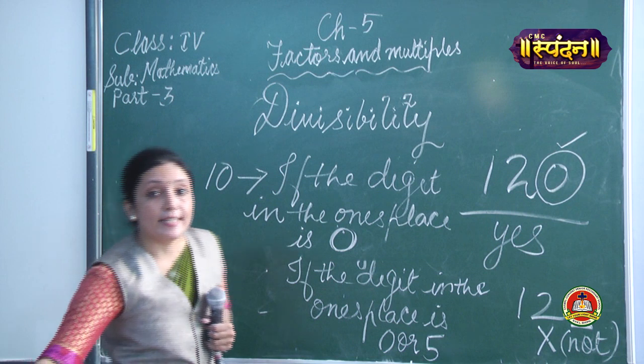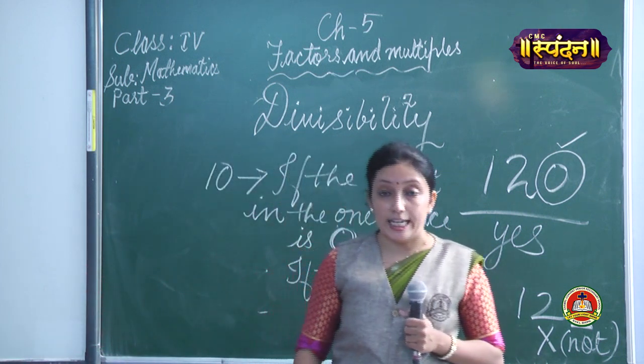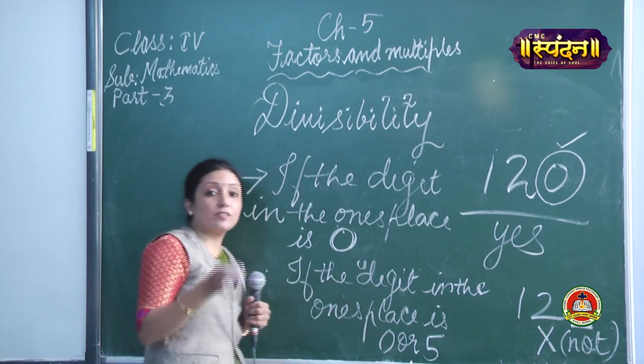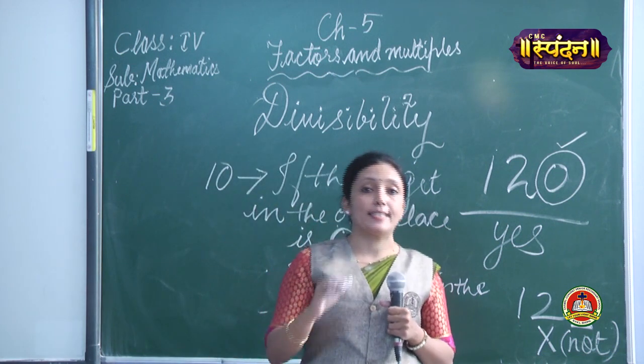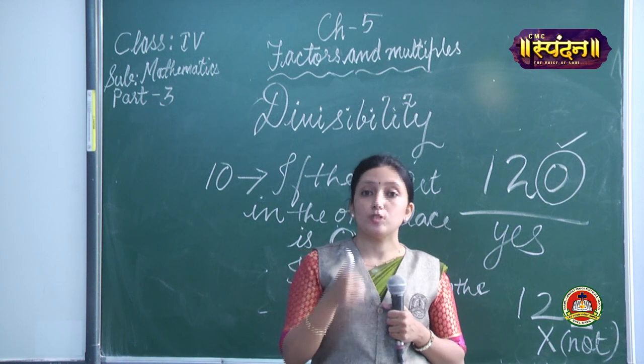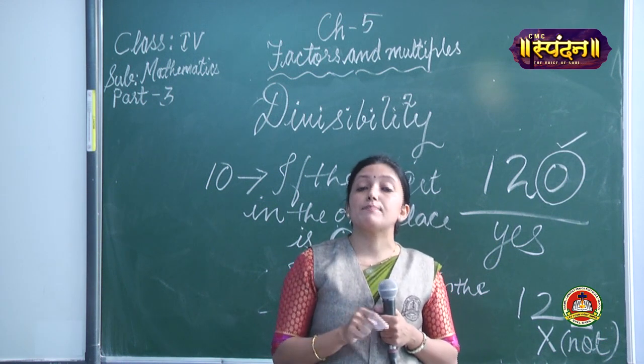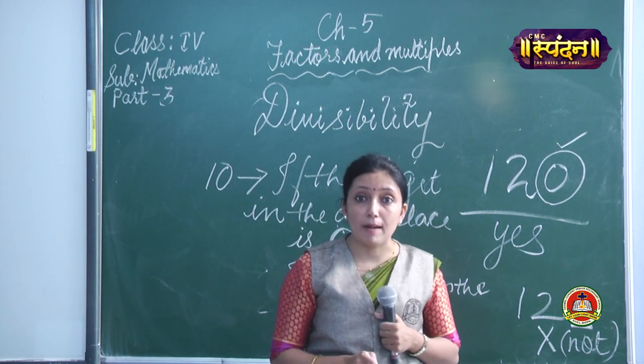So let us quickly recall by 2, 5 and 10. What was the divisibility rule for 2? It should have either 0, 2, 4, 6, 8 in its ones place. If it is not 0, 2, 4, 6, 8 in its ones place, that particular number is not divisible by 2.